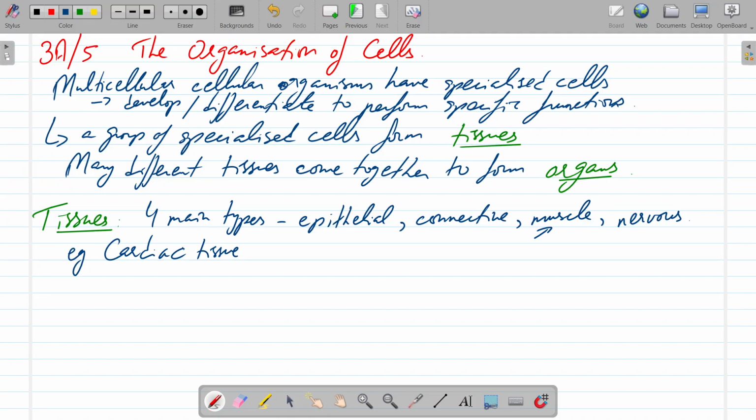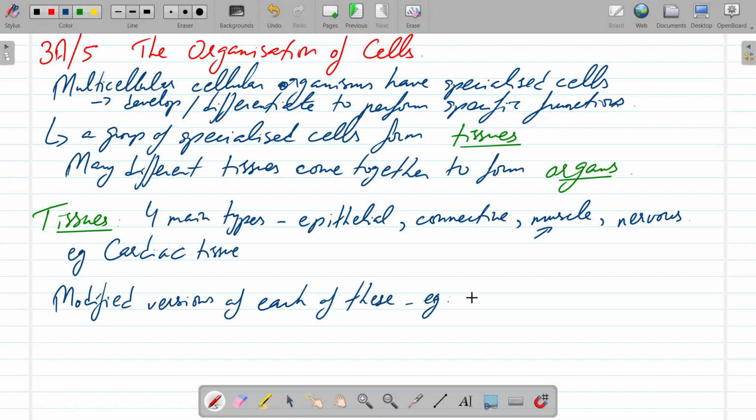And the subcategories are modified versions of each of these. In the book, they give the example of different varieties of the epithelial tissue, and when I refer to the book, that obviously means in your syllabus, for the Edexcel.